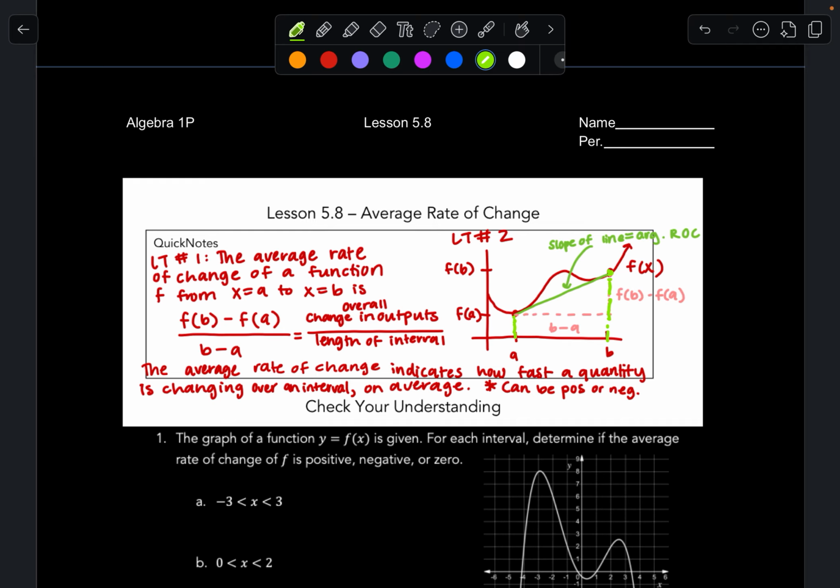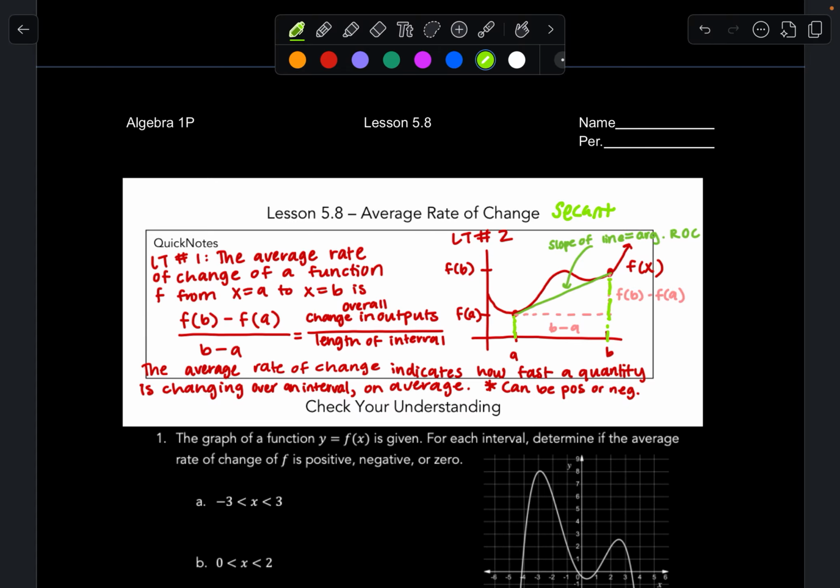It's just the slope of that line that connects them. The technical word for this is secant line. They don't say it here, but it's a secant line. You'll learn about that in geometry. It's a line that crosses a graph at 2 points.